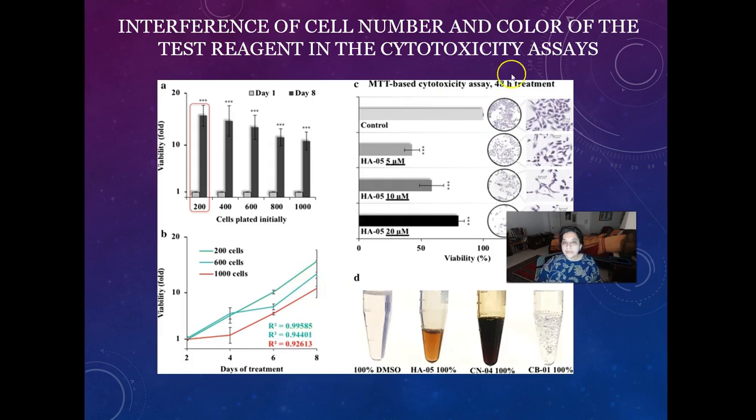Here you have another way that we can look at the cytotoxicity of a drug, for example. Here the cells have been treated with different concentrations of a compound that is cytotoxic to these cells, and we look at their viability 48 hours post-treatment. Typically you do that by first staining the cells.